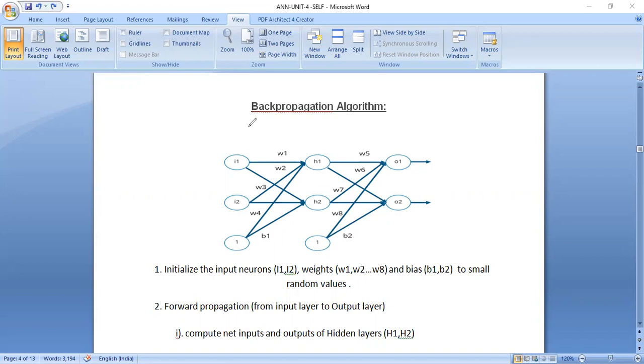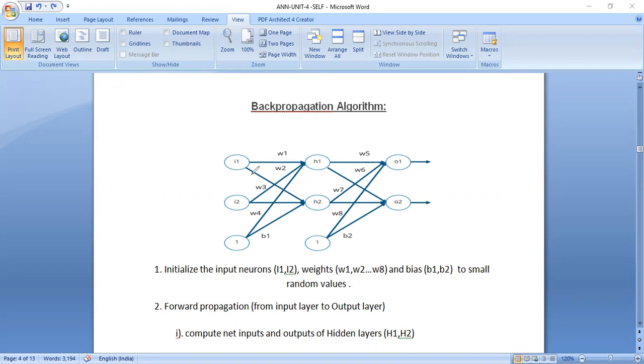Here we are going to minimize the error function of any neural network by using techniques called gradient descent or delta rule.